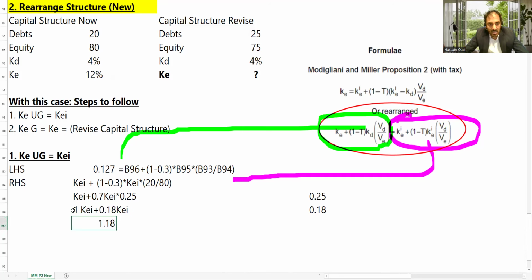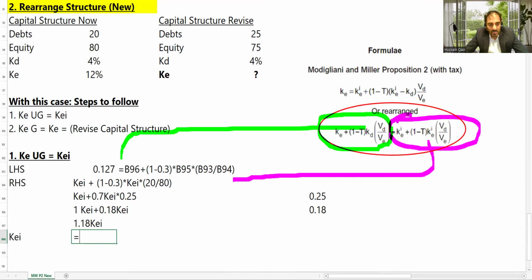So here 1.175 KEI. Sir, you have done the left hand side and the right hand side. Yes, now you need to calculate KEI.